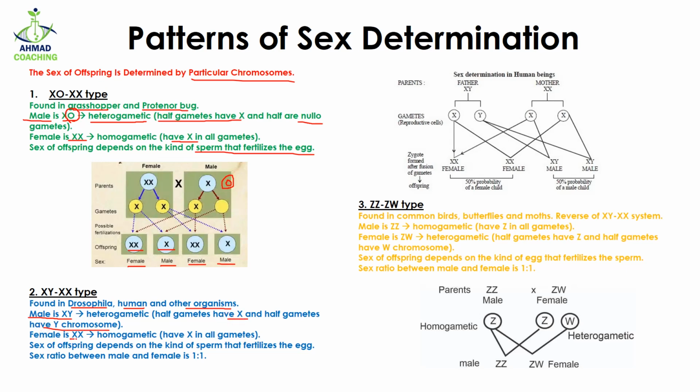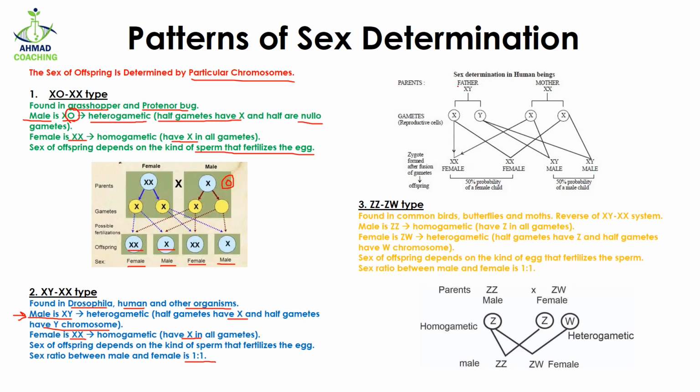While the female is XX, it means that it is going to be homogametic and all the gametes will have the X chromosome. The sex of the offspring will definitely depend on the male, on which type of male gamete fuses with the female gamete. The sex ratio between male and female is 1:1 or 50-50%.